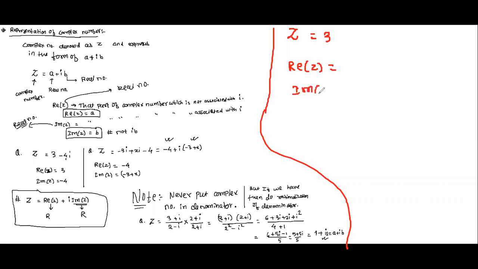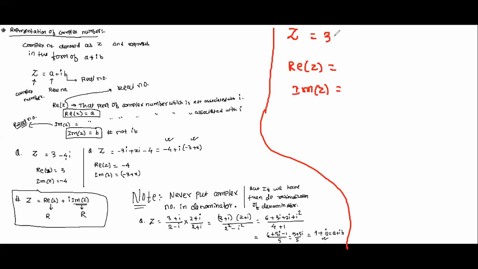And what is the imaginary part of z? Can we say that 3 is a real number? Yes or no?